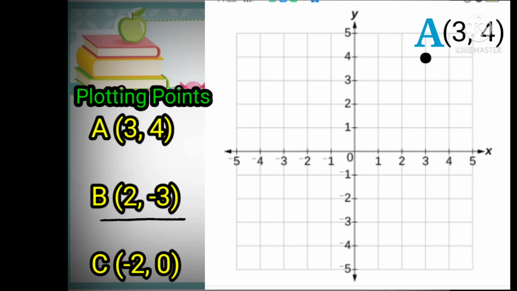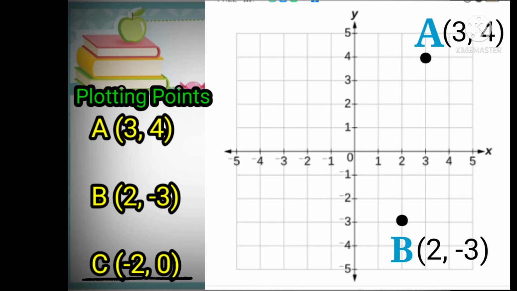For point B, (2, -3), positive 2 means from the origin we will move to the right 2 times. And negative 3 will tell us to go downward 3 times. So this is our point B. For the last point, point C, (-2, 0), negative 2 means from the origin we will move to the left 2 times.